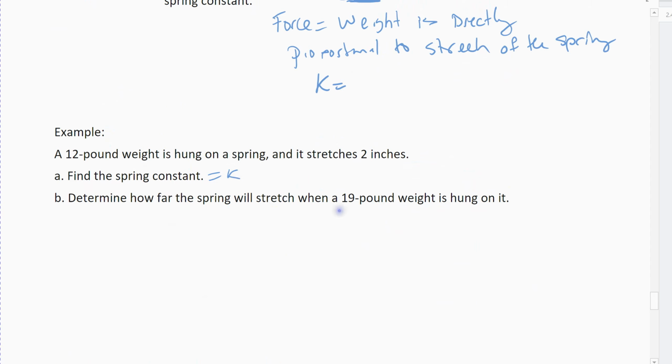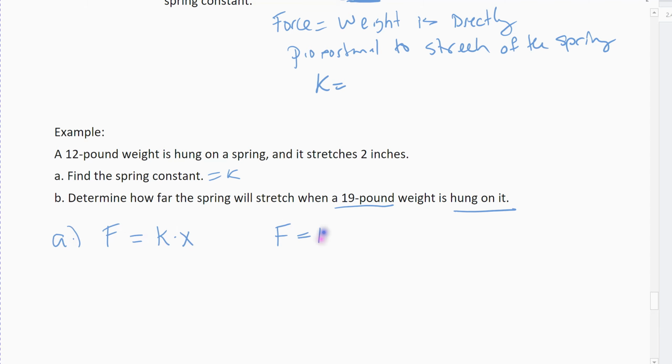So I'm going to use my equation to figure out, well, what if I put on 19 pounds? How far will it stretch it? Well, just knowing that it stretched 2 inches when I did 12 pounds, I know it should be at least beyond 2 inches. All right, but we'll do A first. So when we have a weight, so that's the force, it's directly proportional to the constant times the X value where it's stretched.